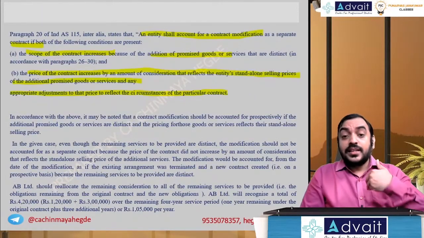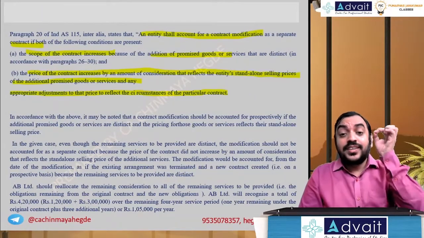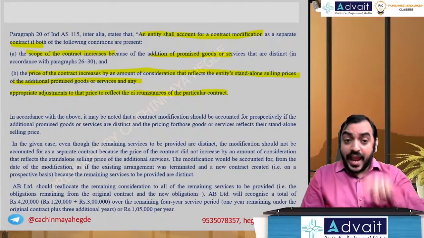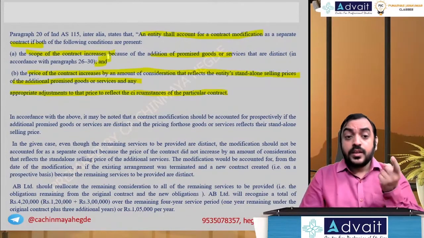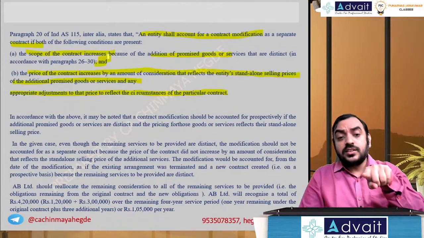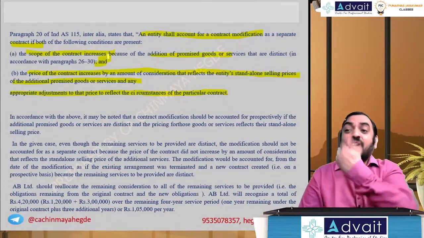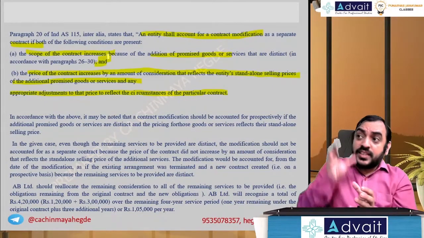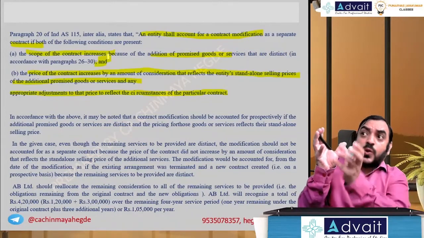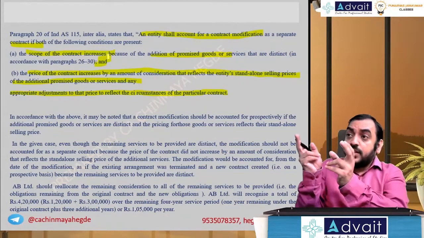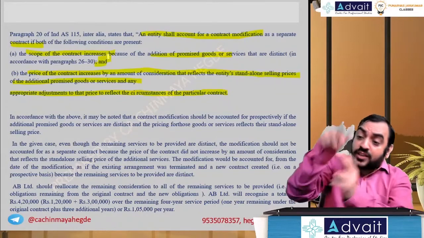One condition, there has to be additional goods that are distinct, and the price should be increased proportionately to reflect the standalone selling price. So the price is increasing and the goods are also increasing, and the price is reasonable, fair for that additional goods or service.